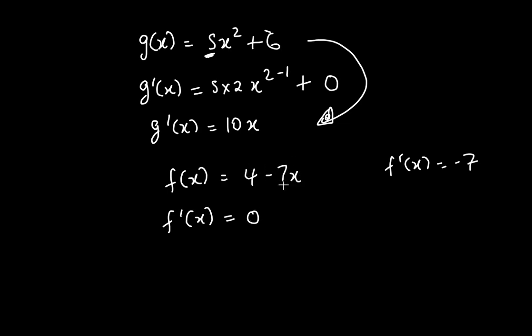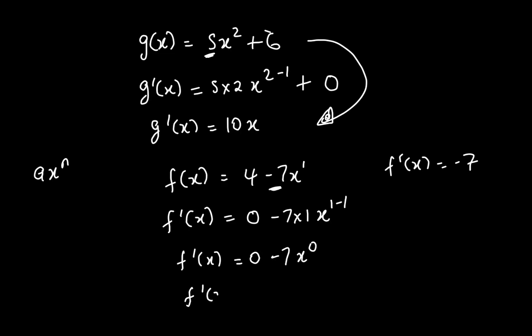Then look at here. Is there x attached to the number? Yes. If we have x attached to a number, remember that it's in the form of this. So what are we going to do? We say whatever is here times the exponent. Remember, the exponent is 1. So you say -7 times 1, then x, and then 1 minus 1. So the answer would be 0 minus 7, and then x to the power of 0.